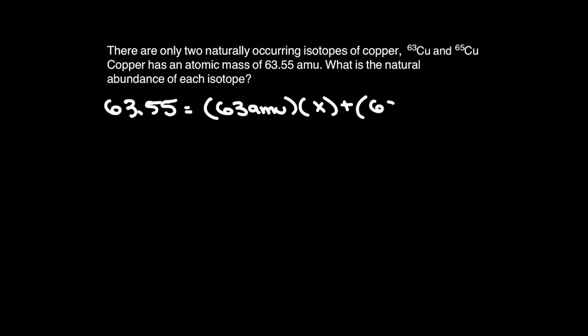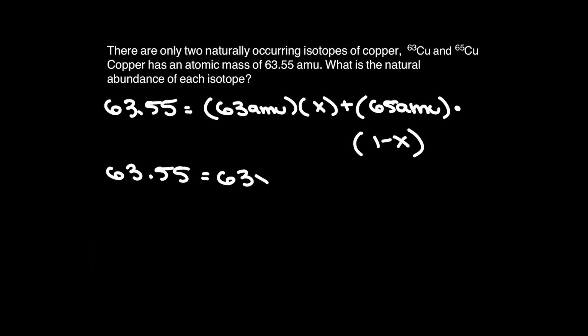Then we take the 65 AMUs. Then we multiply that by the 1 minus x value there, because we don't want it to go over 100%. And now we have to distribute our variables here. So we get 63x plus 65 minus 65x.